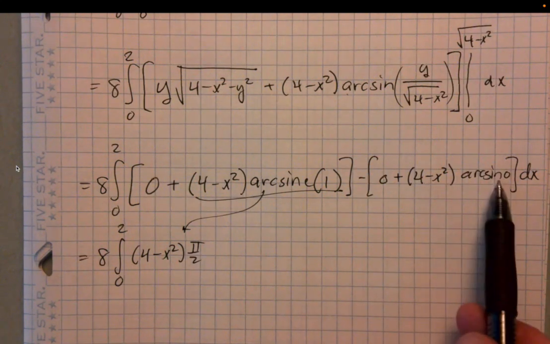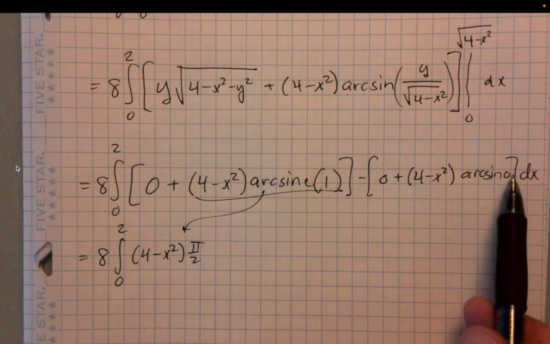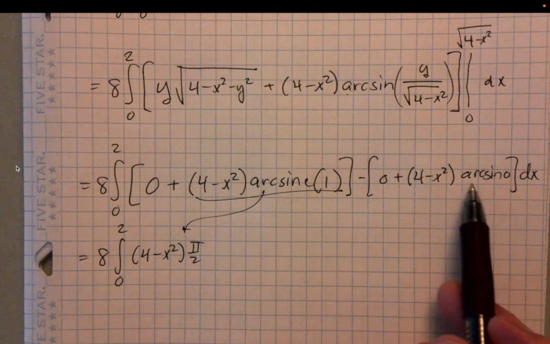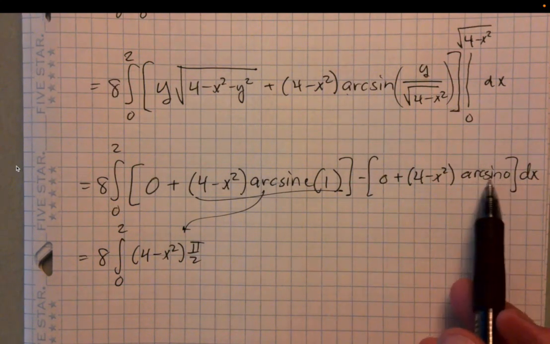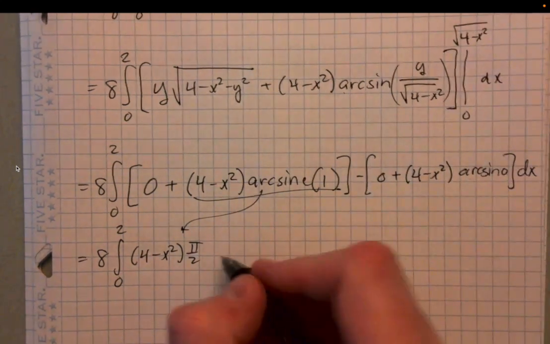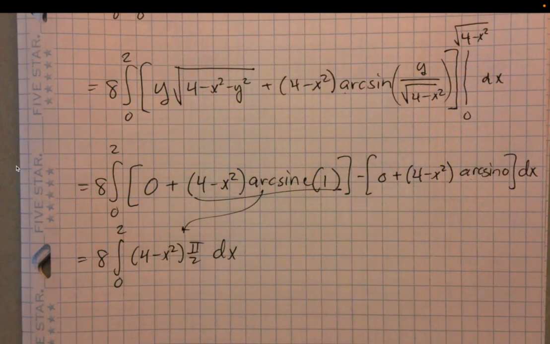And what happens over here? Well, arc sine of 0, where does sine equal 0 on the interval where the arc sine is defined? Well, it equals 0 at 0 degrees, right? So this whole thing is just zeroed out, and you just have this nice simple integral here.